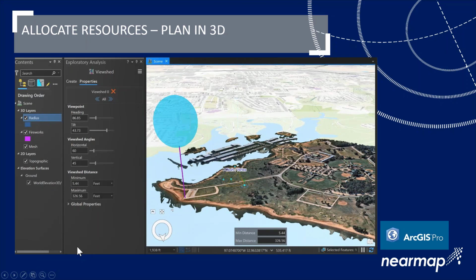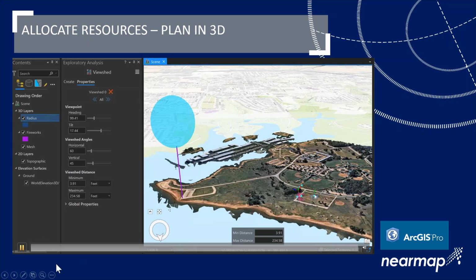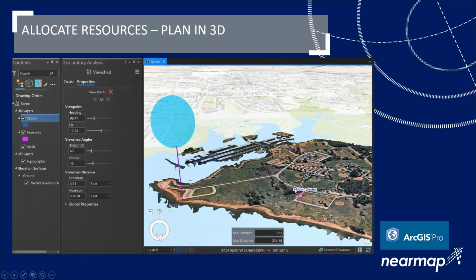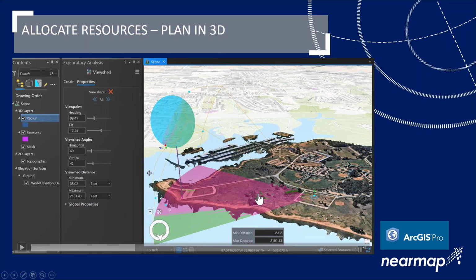But what would it be like looking at it from this perspective and showing a view shed in this field here? So as I drag it out, we can see the tops of those trees are green. And then the rest of this area is actually that pink or purple color. So we can see where our obstructions are by the tops of these trees here, looking out over the water.